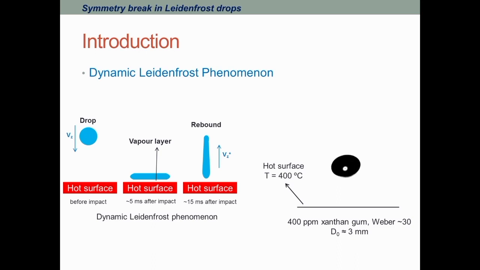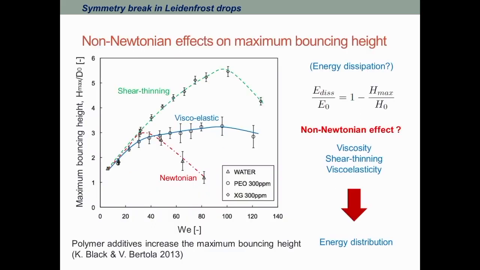For example, this is a recorded movie of a typical Leidenfrost drop impact. In previous studies, people found that at high impact Weber numbers, the Newtonian drops actually bounce much lower compared to the non-Newtonian drops. These are the data for the polymer solutions. This has been explained by a reduction of the energy dissipation during the drop impact process.